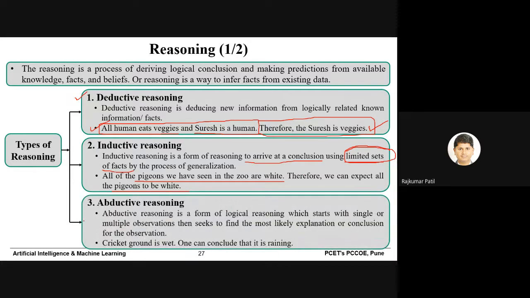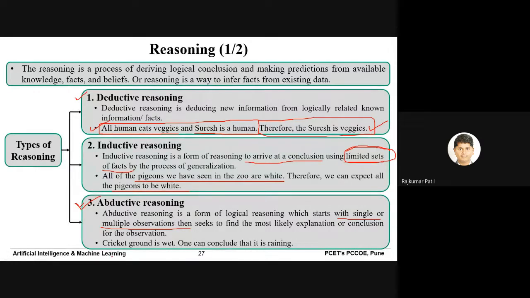The next part is abductive reasoning. Again, it is a form of logical reasoning which starts with single or multiple observations. This particular part is very important. Then it seeks to find the most likely explanation or conclusion from the observation. Here we use the past data as well.